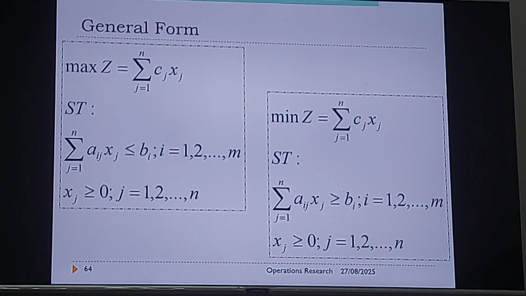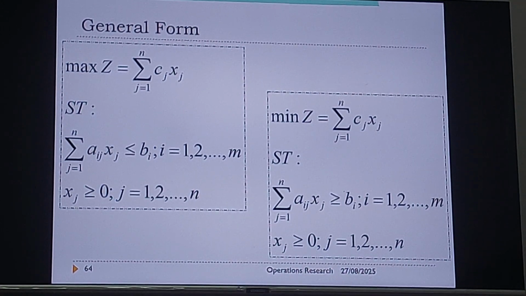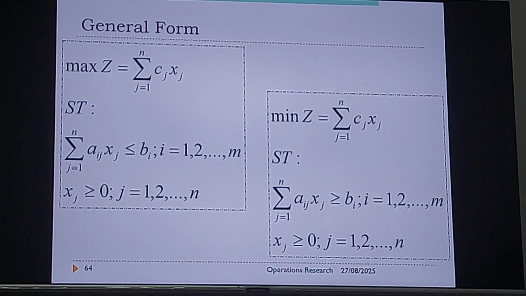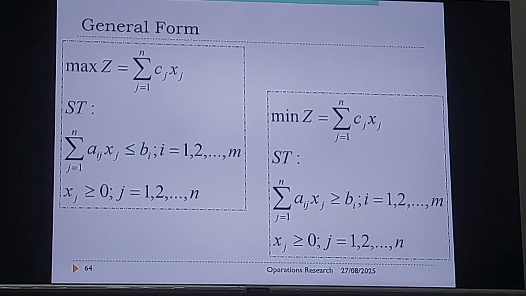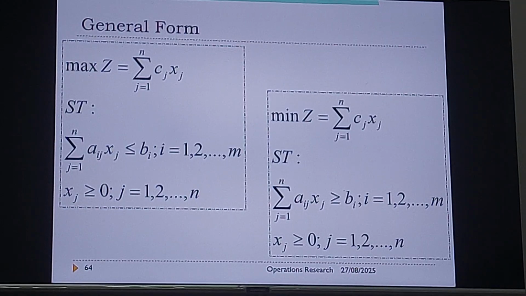To be simply linear, you don't really multiply x with another x, because that will be non-linear. This is only C multiplied with x. C is a constant, x is a variable. So you only multiply a variable with a constant. You don't multiply with another variable. Then it's going to be non-linear. There is a way, but it's not in this first section.